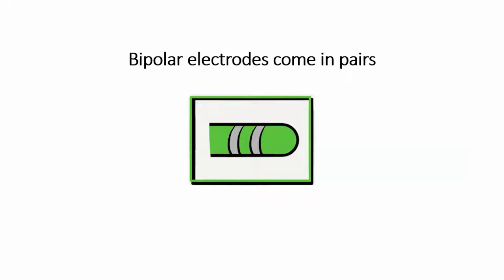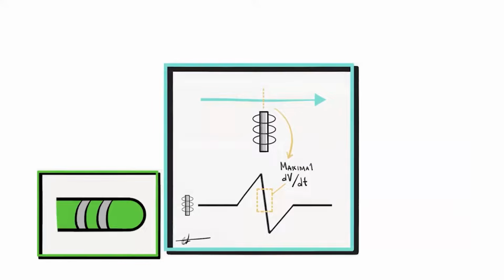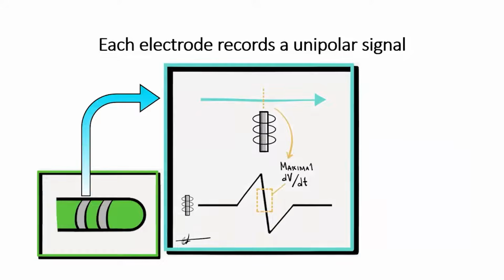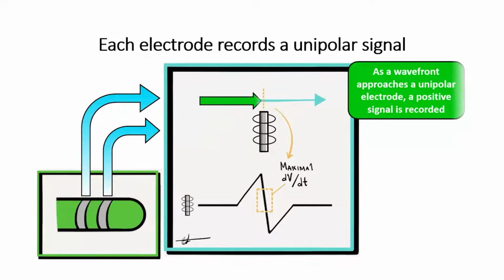Now here's a cartoon of a bipolar electrode pair. Each of these electrodes records their own unipolar signal. And just to review, unipolar signals are generated by the interaction of a wavefront approaching or moving away from an electrode.